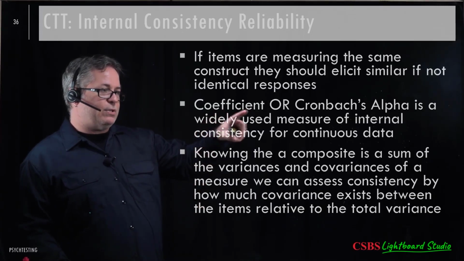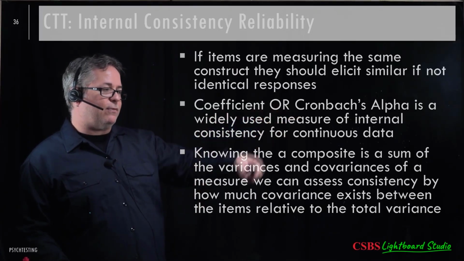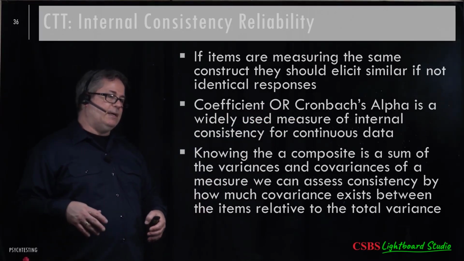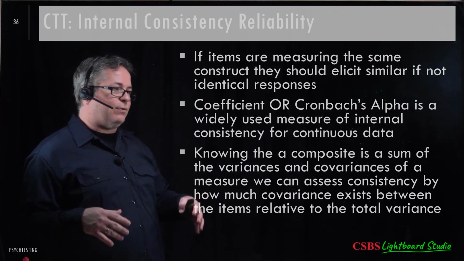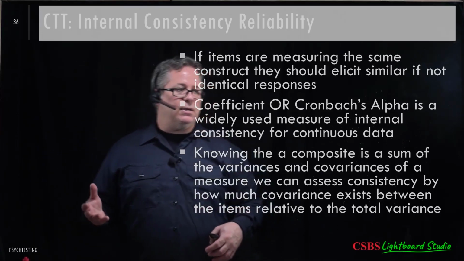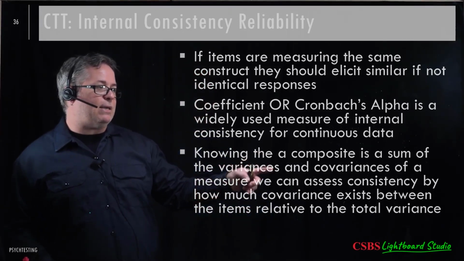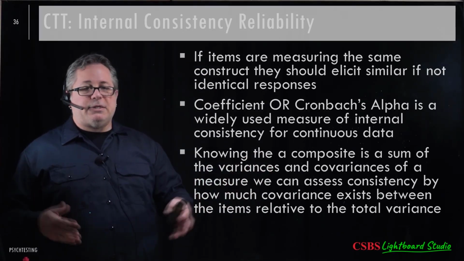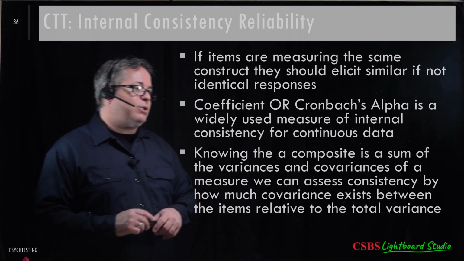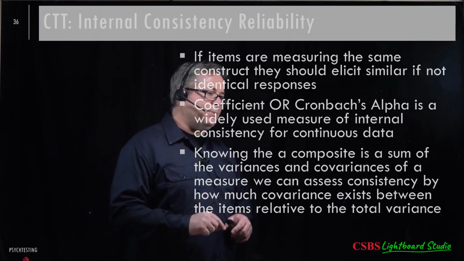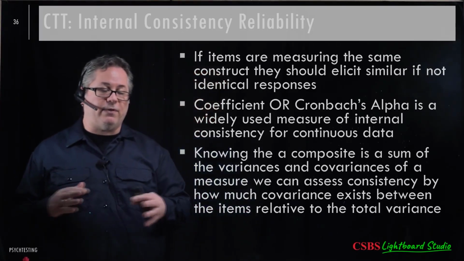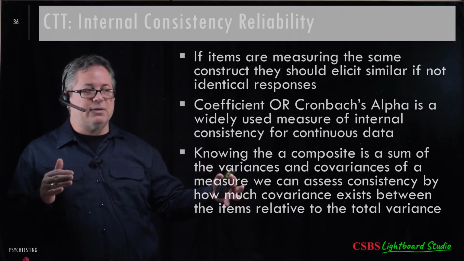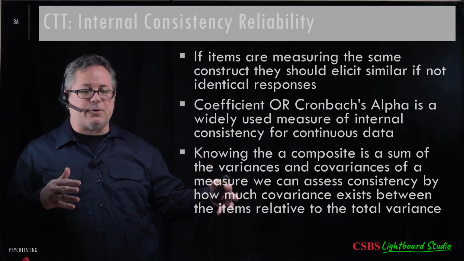Coefficient alpha, or Cronbach's alpha, depending on what you read, is a widely used measure of internal consistency for continuous data. Basically, it comes down to knowing that a composite is the sum of the variances and covariances. We can look at consistency by how much covariance exists between the items relative to the total variance. The more covariance there is between the items relative to the total variance, the more internally consistent the items are.